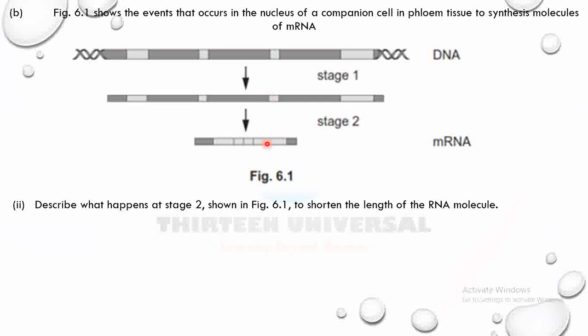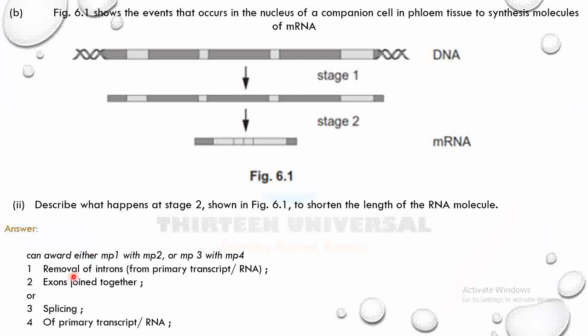Of course, that is what we call splicing. It's a post-transcriptional event where introns, which are non-coding, are removed. Introns are cut off and the exons are joined, and then we have the functional mRNA. Exons are coding, introns are non-coding.